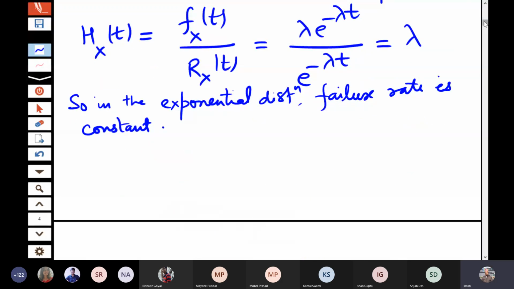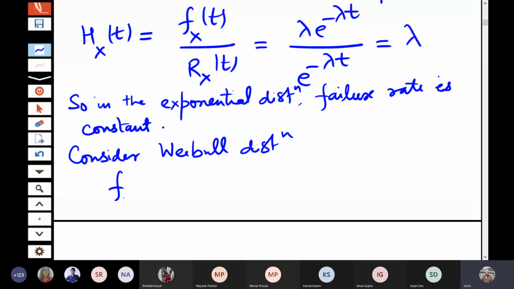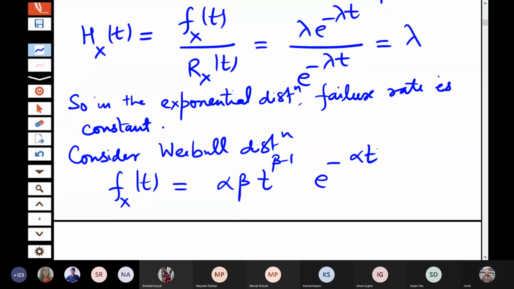Let us look at, say, Weibull distribution, which I described as another important distribution for the lifetime. So what was the Weibull distribution? Weibull distribution is alpha beta t to the power beta minus 1 e to the power minus alpha t to the power beta.